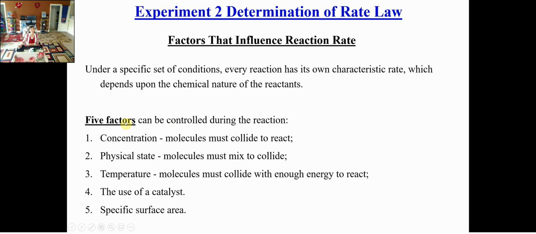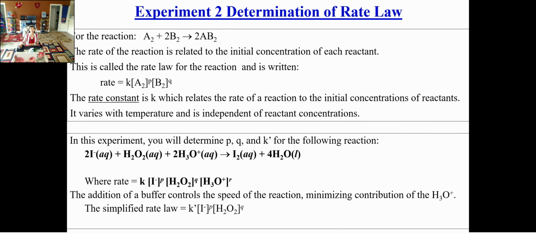You can control these factors to determine the reaction rate. The first one is the concentration, second is physical state, third is temperature, fourth is the utilization of catalyst. The very last but not least, the specific surface area.